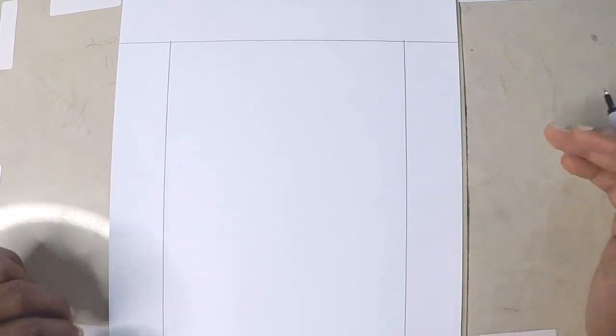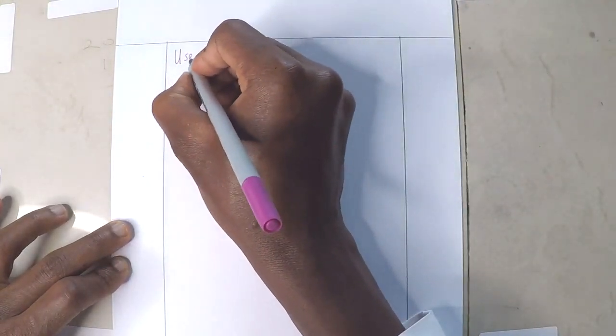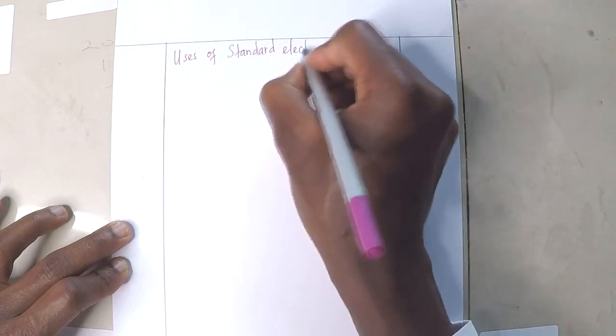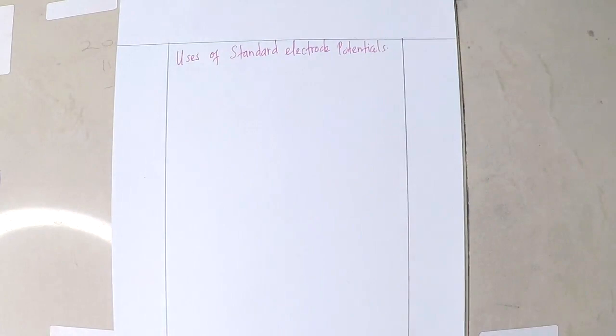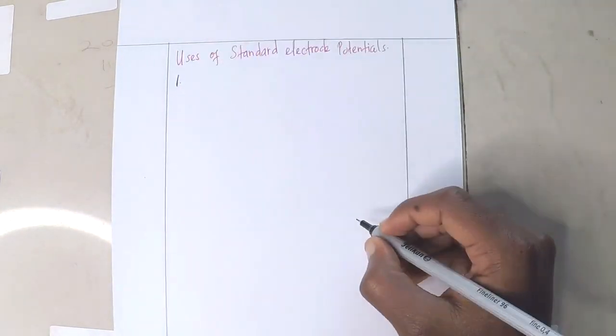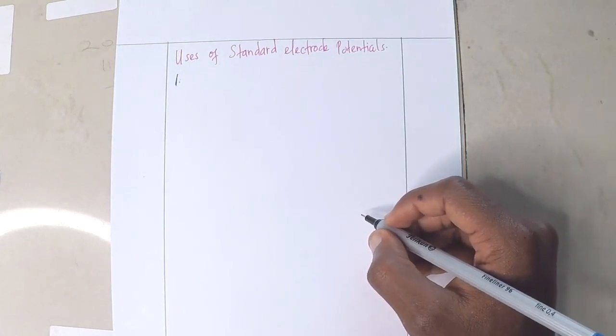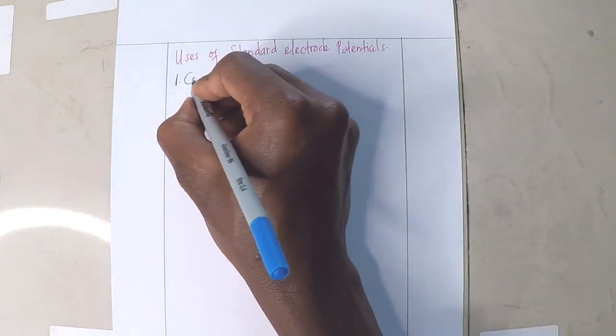Now we want to look at the uses of standard electrode potentials. Number one, standard electrode potentials are used in comparing the oxidizing and reducing powers of substances.